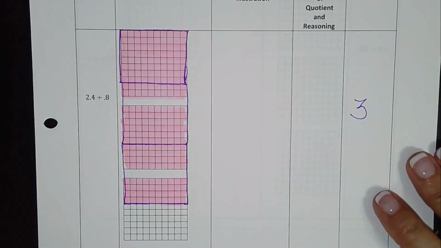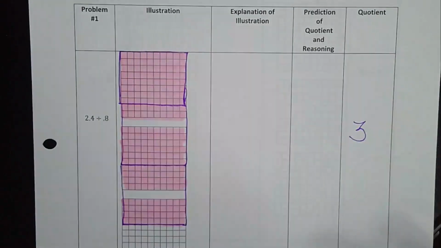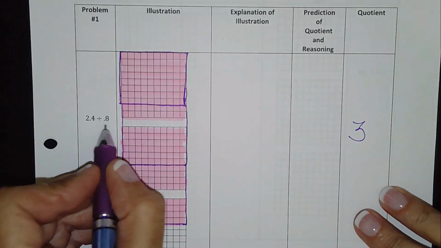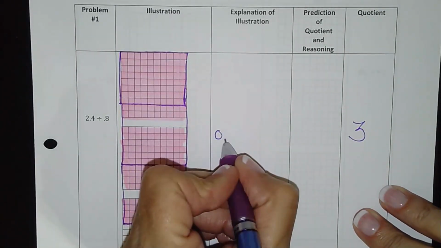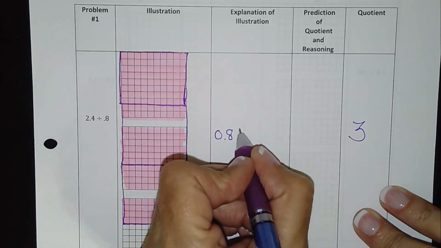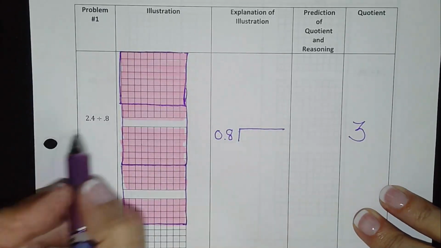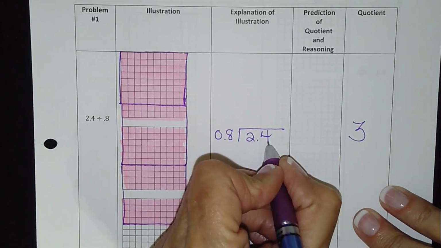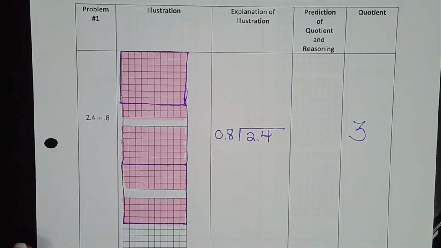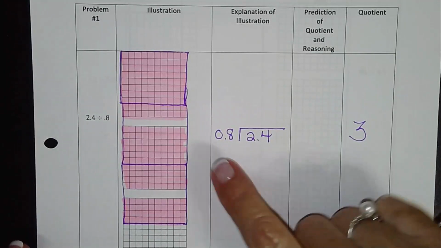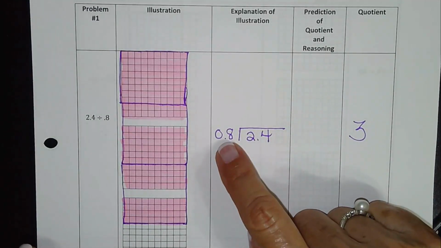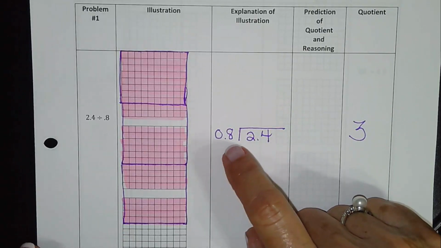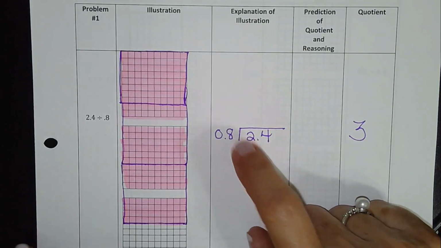To do the algorithm, remember how the second number is always the number outside? So we write 0.8 outside, and underneath the division sign we put 2.4. So by hand, we do not know how to divide by a decimal place. So what we have to do is move that decimal place so that it turns into a whole number.